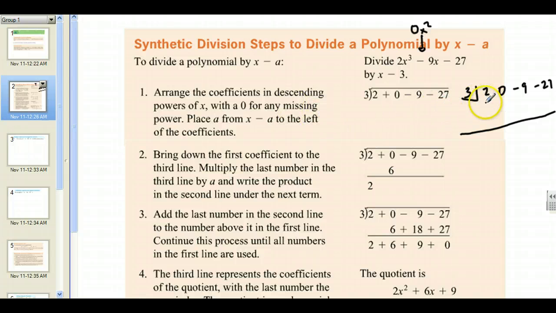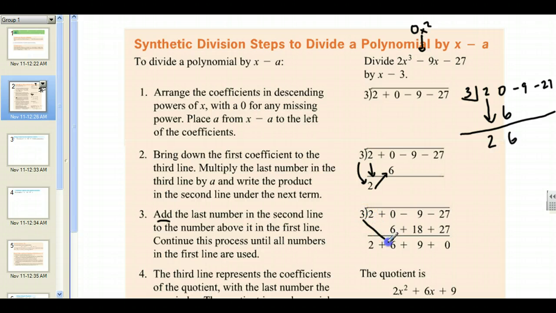The process from there says just pull down your first term. So pull down that 2. That's what they did right here. And then multiply. 3 times 2 is 6, and put that product right here. Same thing I did here. And then from there you add. So 0 plus 6 is 6. And then you multiply again.